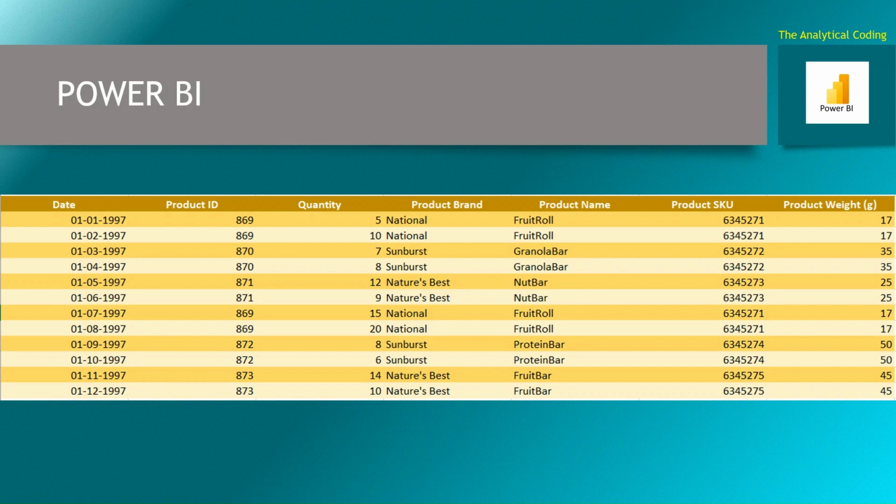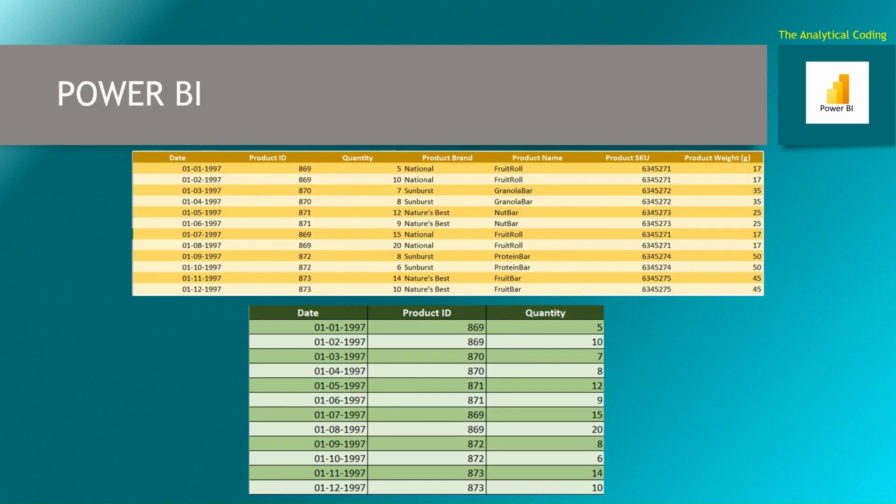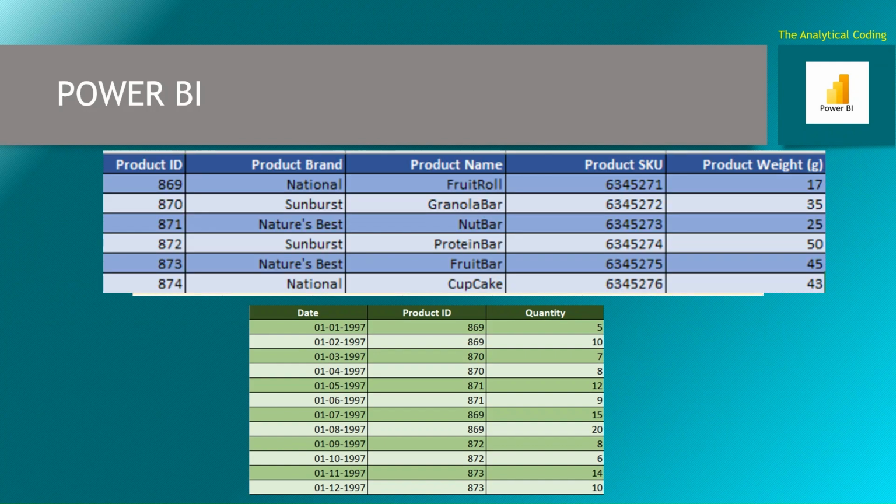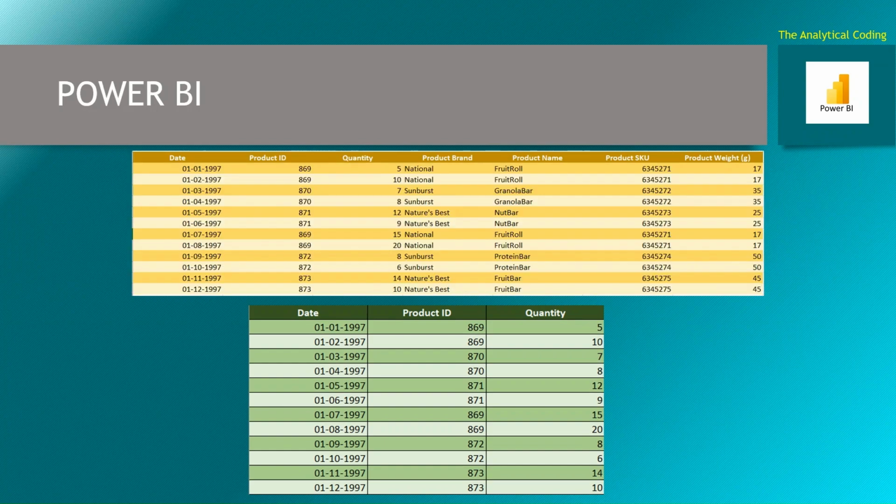Here you can see that the data displayed in the above table is transformed into two tables, where all the product related details are stored in the other table, and only required columns and also the product ID are placed in the below table.